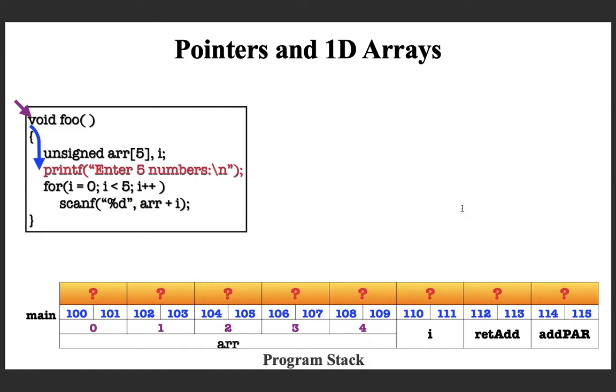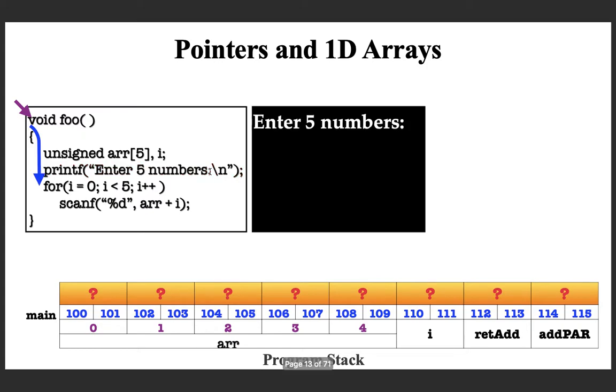Now, if you proceed down in this function during execution, you are going to print this message, enter 5 numbers, then the control comes to this loop, where you are trying to read elements into the array. So, the user must give 5 elements.